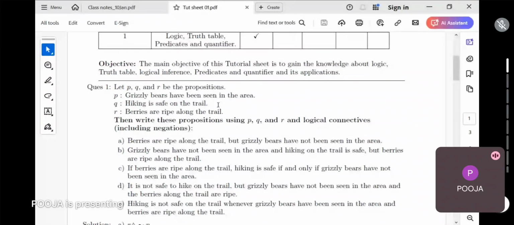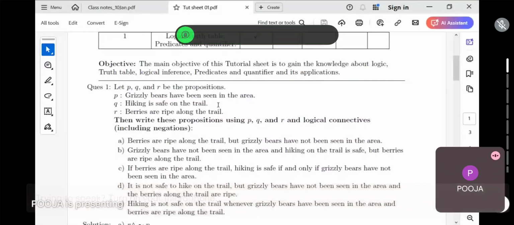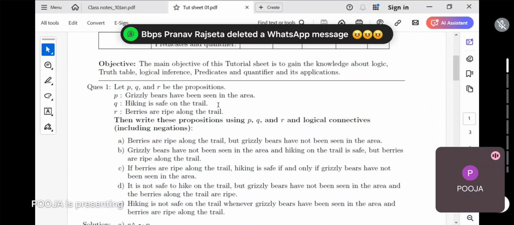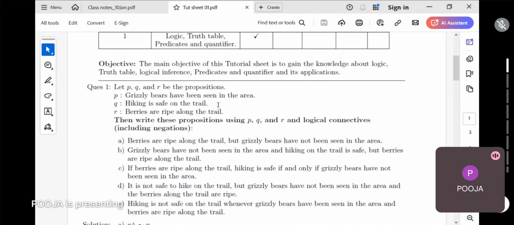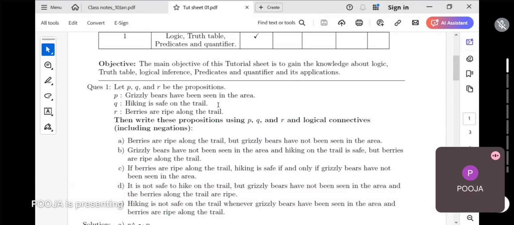So we have to obtain a well-formed formula from the given formulas. The first question is, berries are ripe along the trail, but grizzly bears have not been seen in the area. So tell me, what will be the proposition you will obtain using the given propositions?